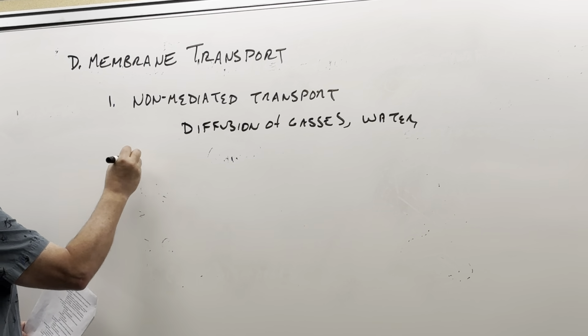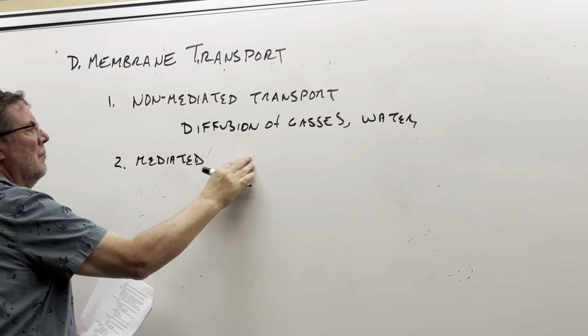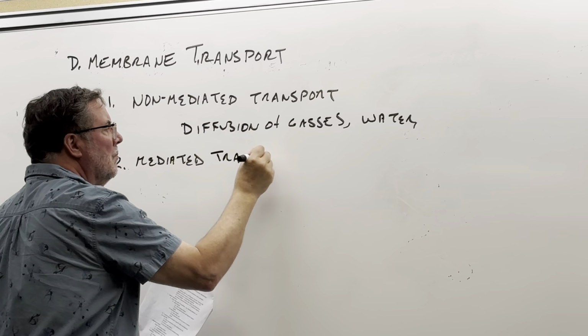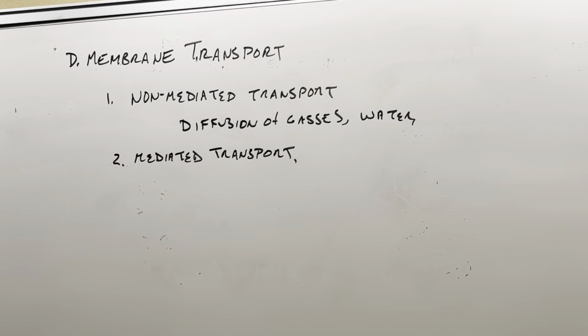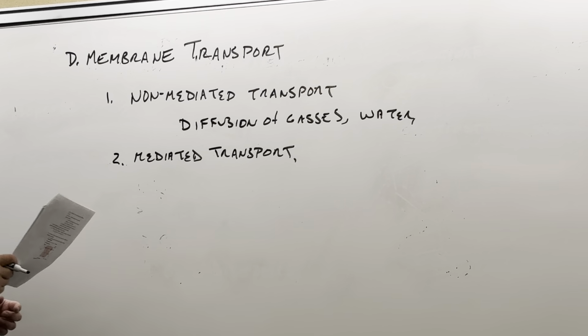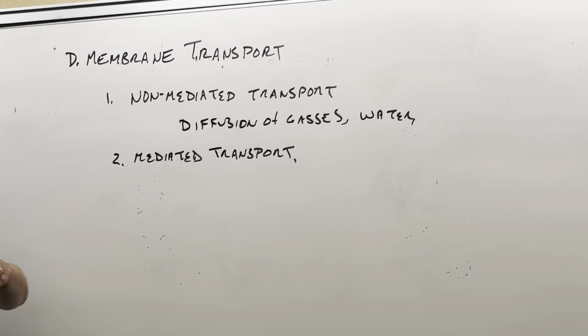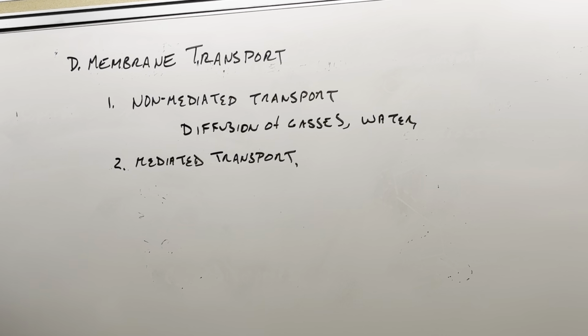But most of the transport is mediated transport. Now, what you can think about is it's easier to transport something if there's a pre-existing gradient. So if you have a higher amount of glucose outside the cell than inside, energetically it's easier. You just got to control the flux.